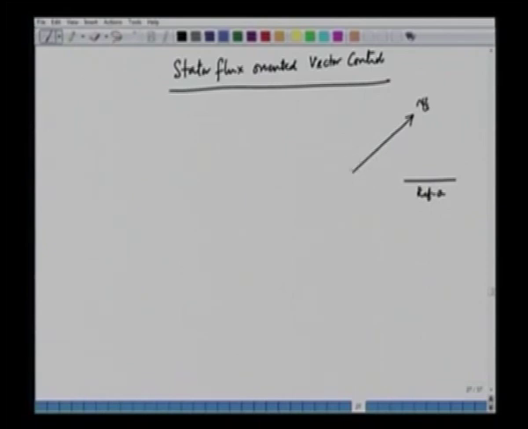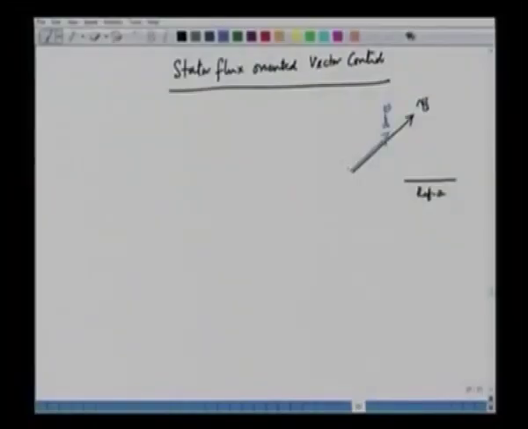We call this d E s, symbolizing that this is a rotating reference frame, the stator flux reference frame, and the q axis is oriented orthogonally with respect to the d axis.